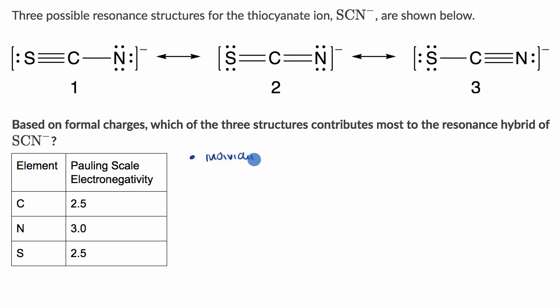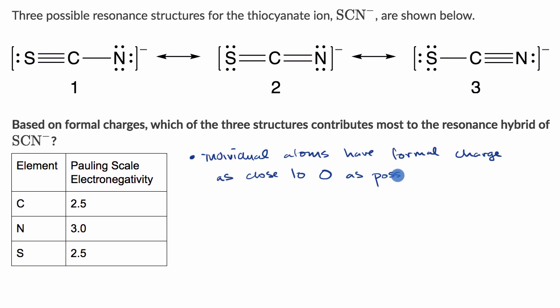Individual atoms have formal charge as close to zero as possible. We're not talking about the charge of the entire ion. We're talking about individual atoms' formal charges. Close to zero as possible.